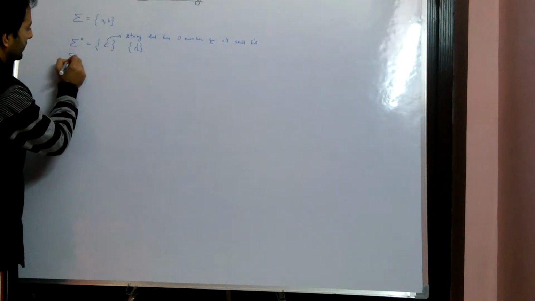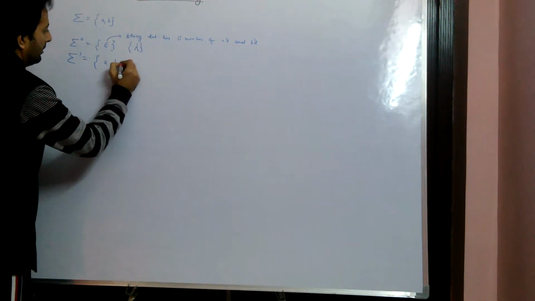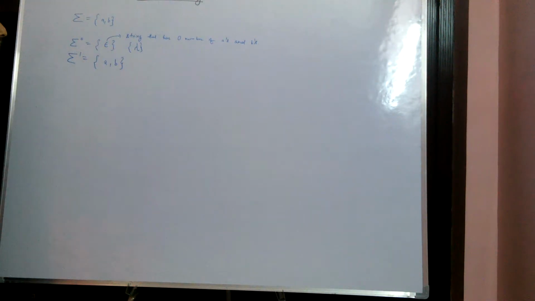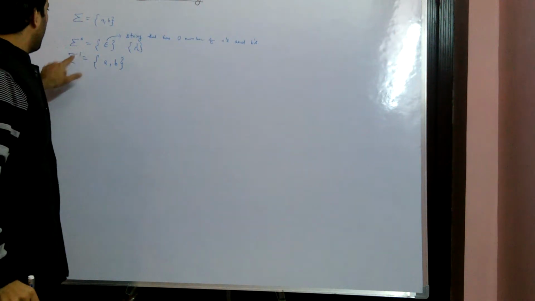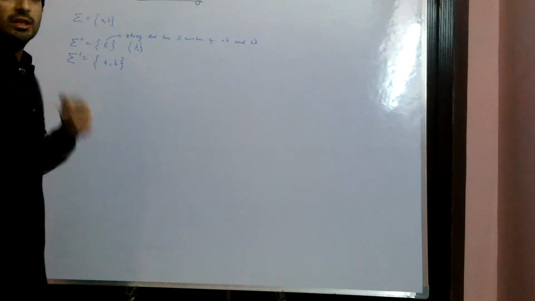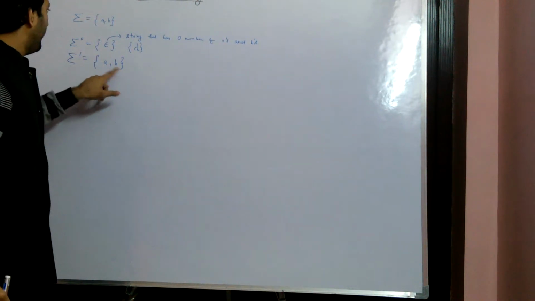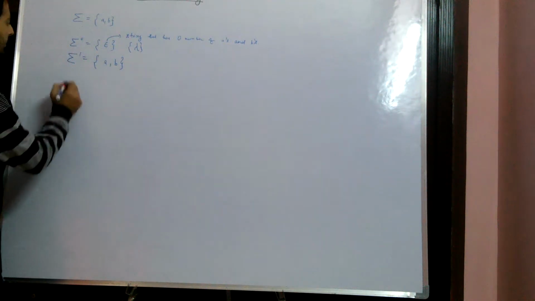Similarly, for all the strings of length 1, we write 1 above the sigma symbol. This represents a combination of only a single alphabet. So for a single alphabet, we can have either A or B.